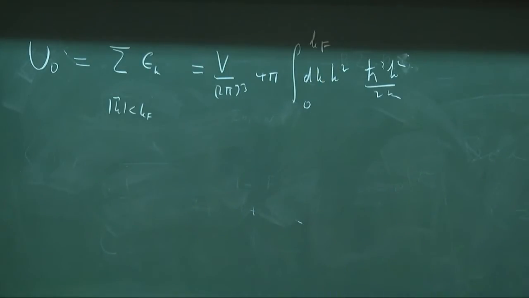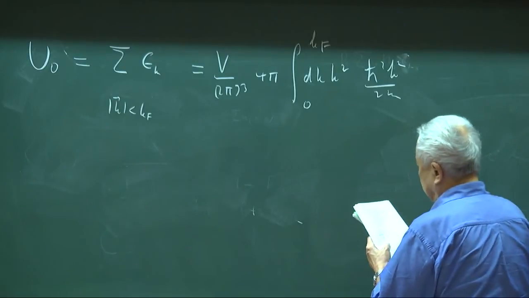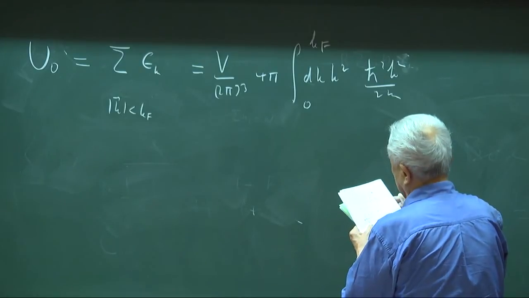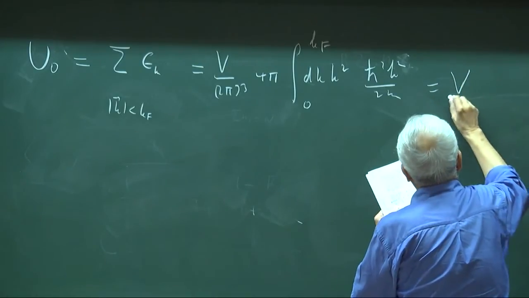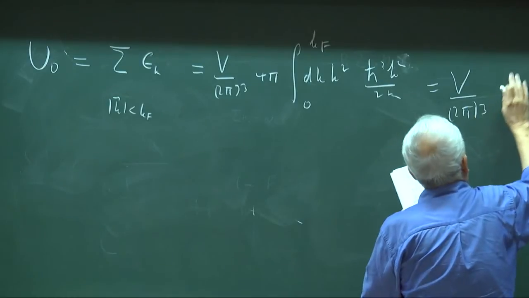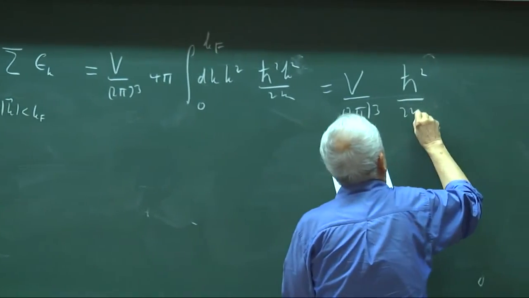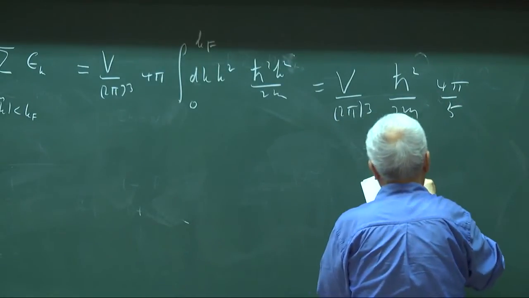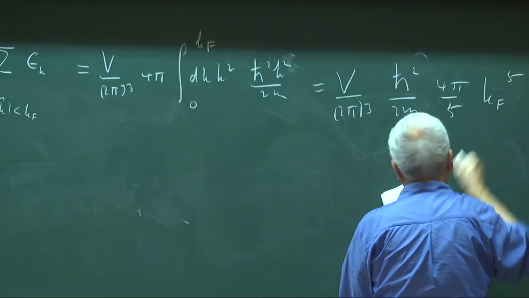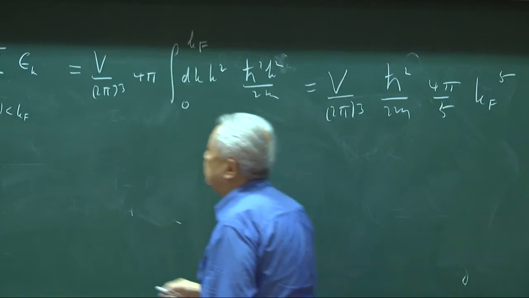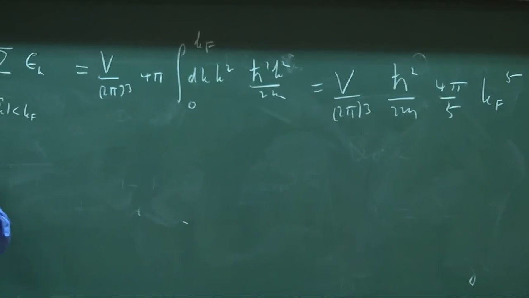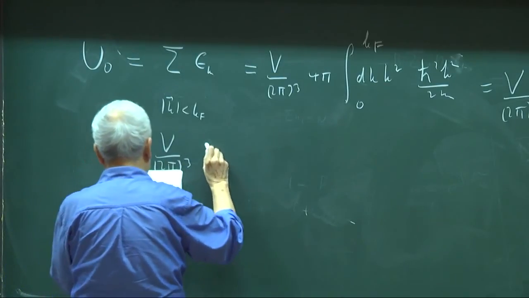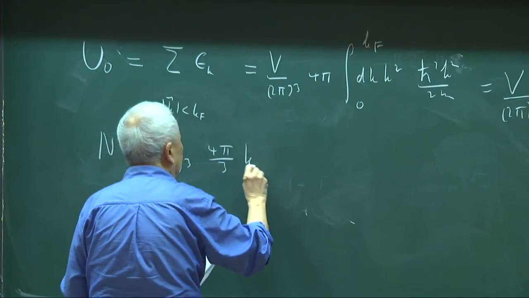That, of course, can be easily done. You just do the algebra and you find that this is equal to V over (2 pi) cubed times h bar squared over 2m times 4 pi over 5 times kf to the 5th power. On the other hand, we already know that N is equal to V over (2 pi) cubed times 4 pi over 3 kf cubed.